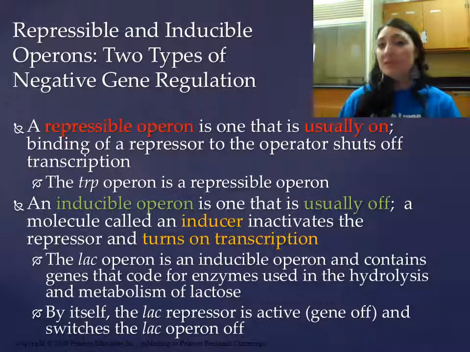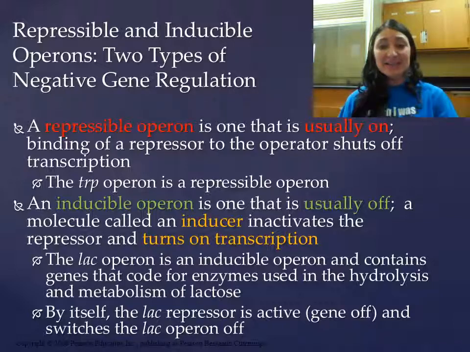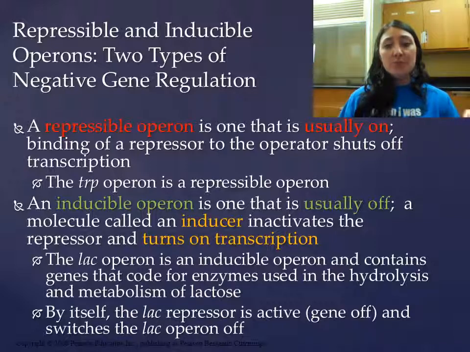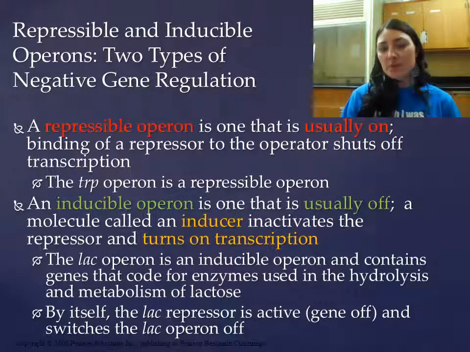And the reason for this is you don't need enzymes to break down lactose if lactose isn't present. So if you have lactose present, that is an inducer that inactivates your repressor molecule, turns on transcription, you make the enzyme to break apart lactose. And this will be a little bit easier when we see a picture and we talk through that as well.